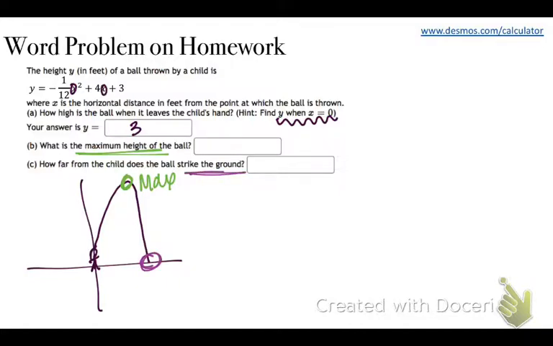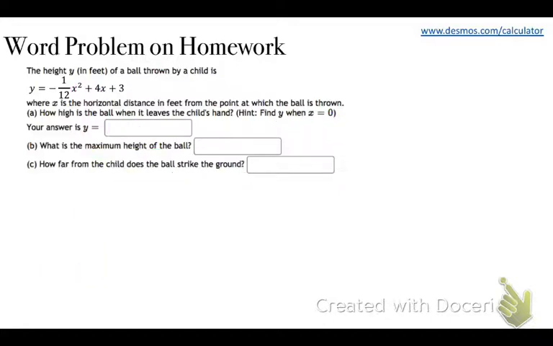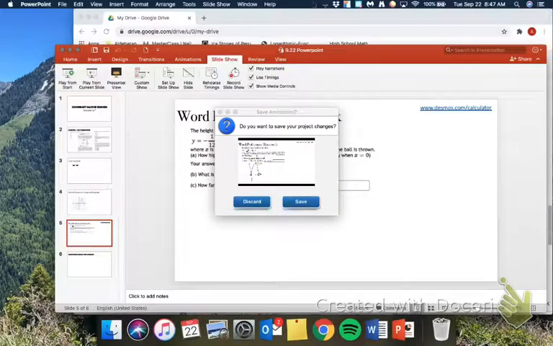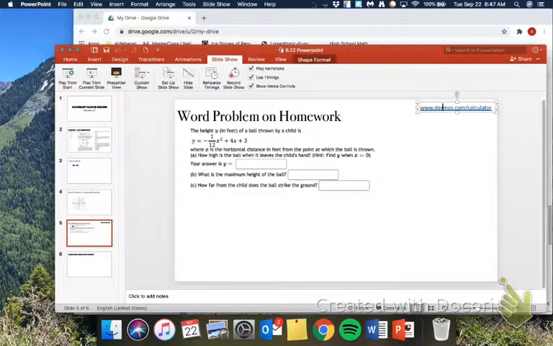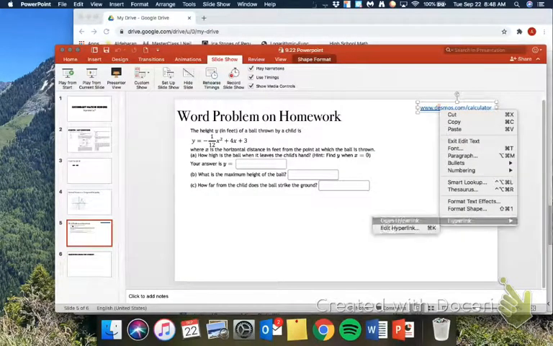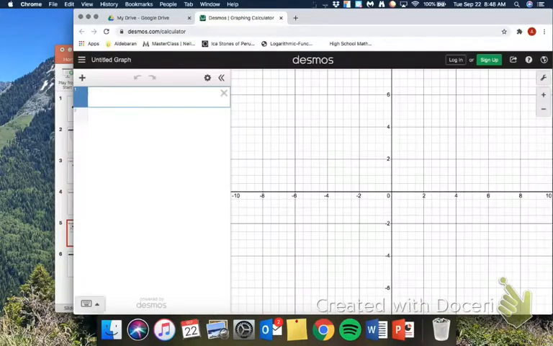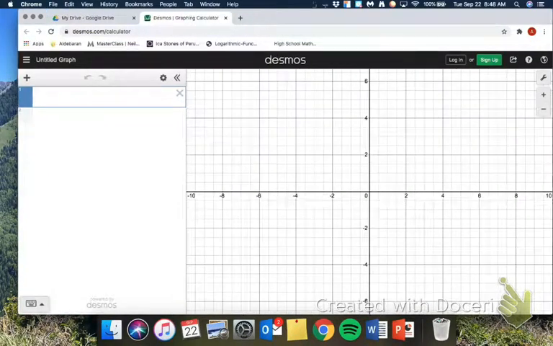The easiest way I have found to do this is to just use Desmos. If you go to desmos.com/calculator, this is a great calculator to use.